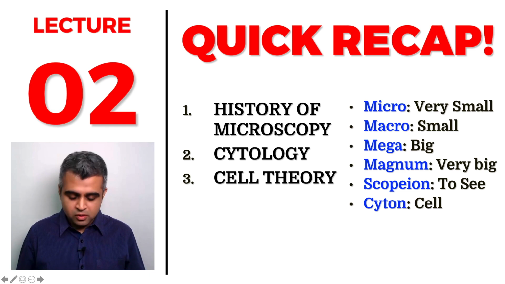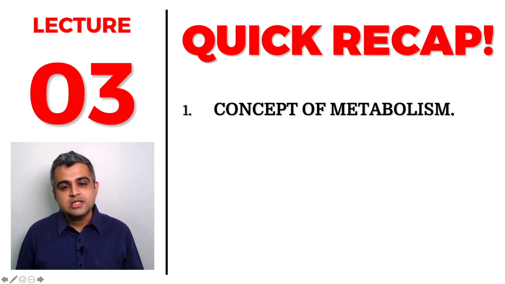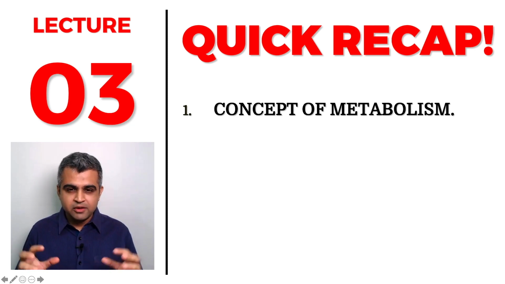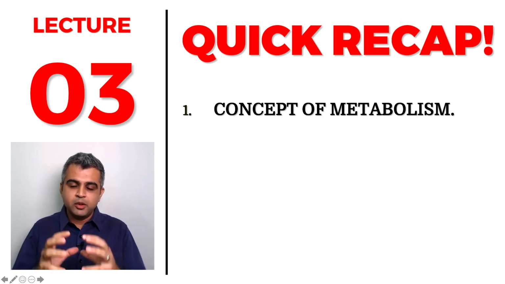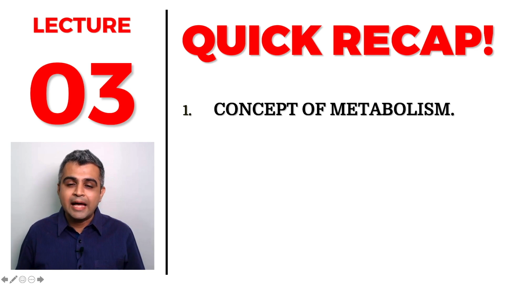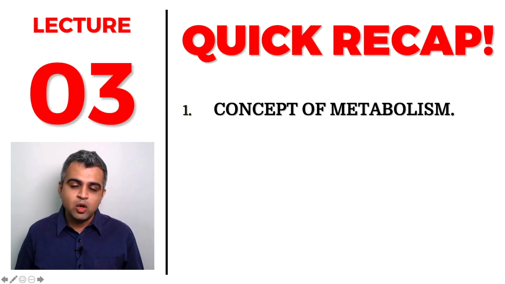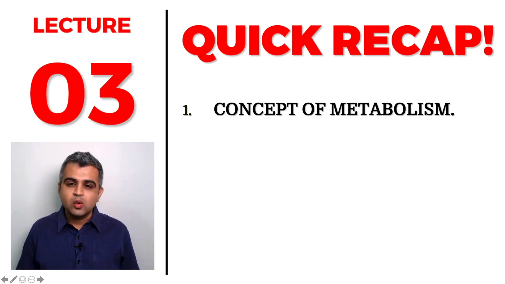In the last lecture, we saw things like concept of what is metabolism. So I explained to you that whenever little things or little molecules combine together to form bigger molecules, it is called as anabolism. At the same time, whenever a big molecule will break down into smaller molecules, it is called as catabolism. And these are the only 2 main kind of reactions that are happening inside a living organism.